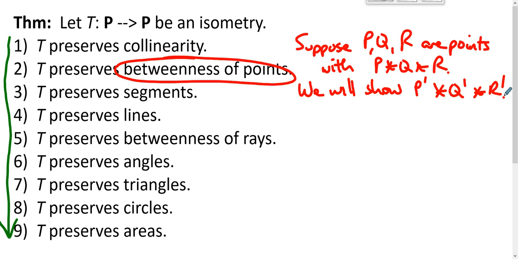That's what it means to preserve betweenness of points. If one point is between two others before the isometry, the image of that point is between the images of the others after the isometry.